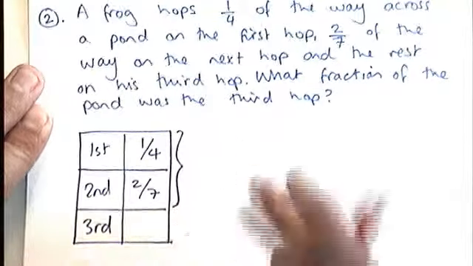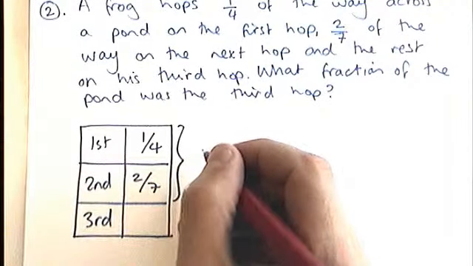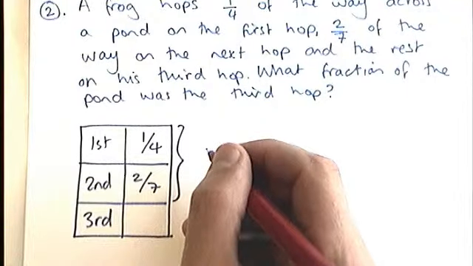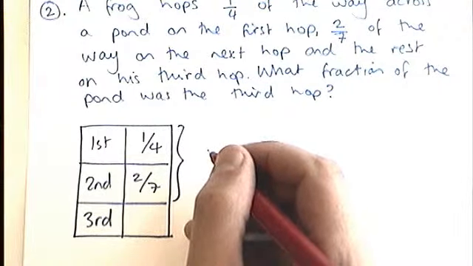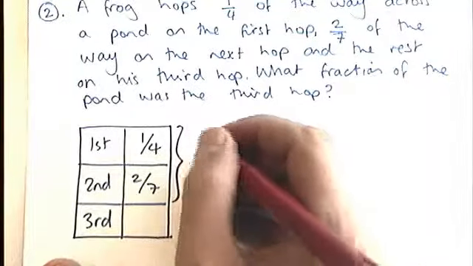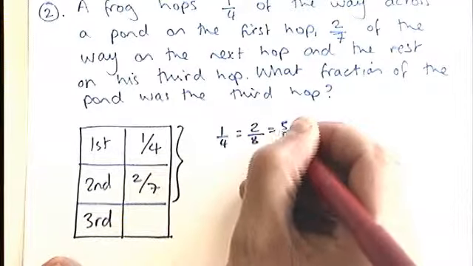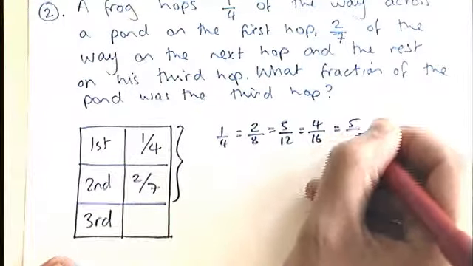Well, again, you can add those two fractions together to find out their total. Let's have a quick look at this. So we go for 1/4, 2/8, 3/12, 4/16, 5/20.